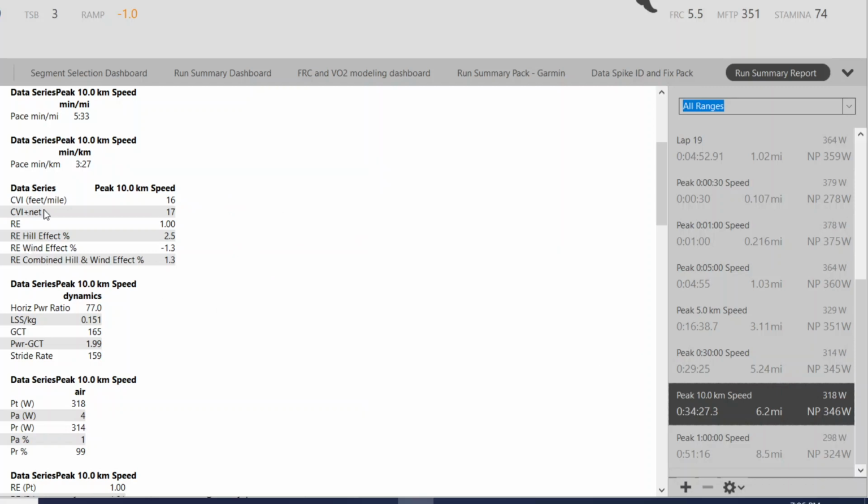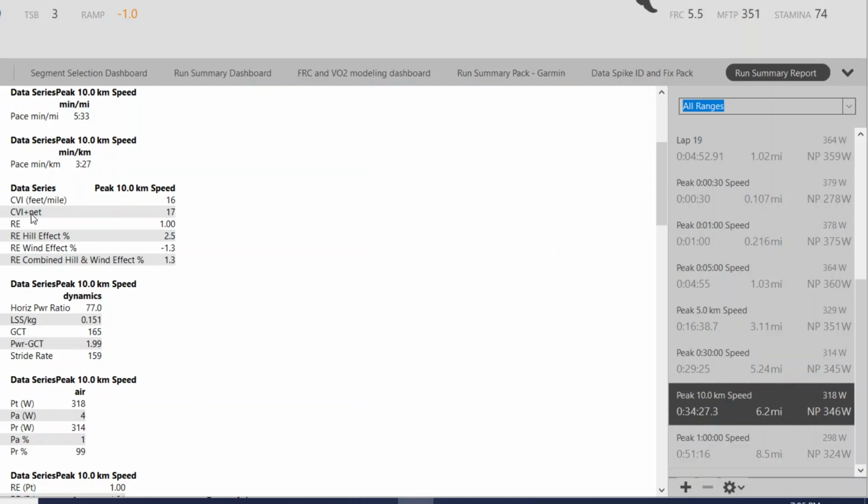CVI plus net will not only give you the relative hilliness, but the net allows you to identify a net downhill or net uphill.